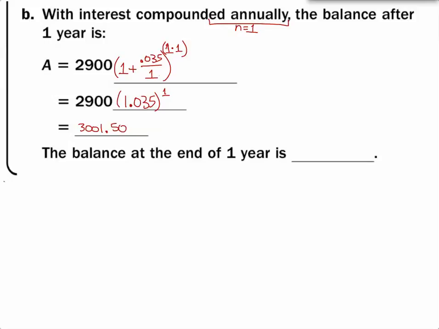So the balance at the end of 1 year is approximately $3,001.50.